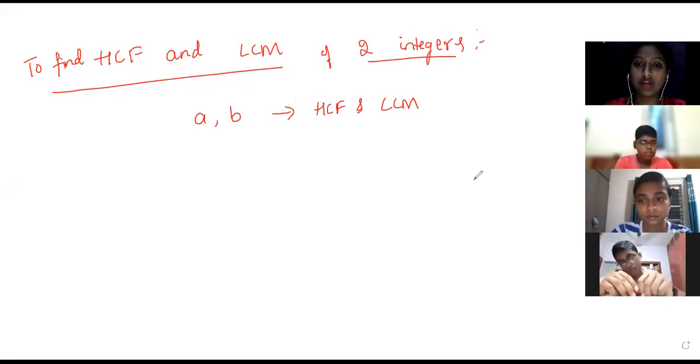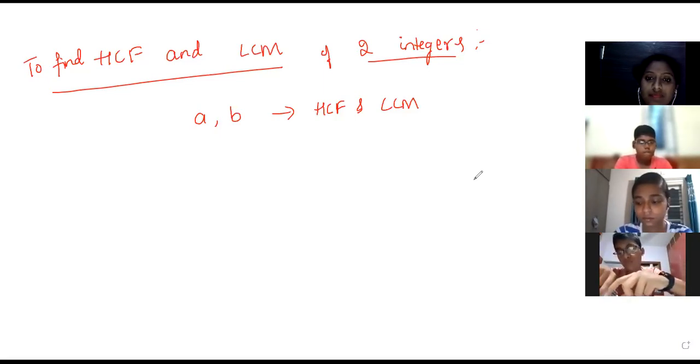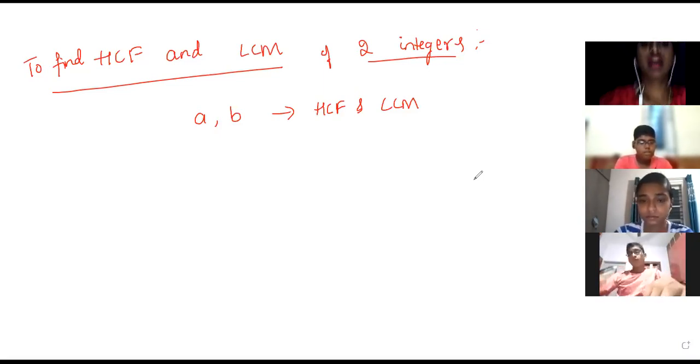But here, what we are doing is, we just learned the fundamental theorem of arithmetic, correct? That is nothing but prime factorization. Any integer can be expressed as a product of prime numbers. That is the fundamental theorem of arithmetic, is it not? We are using that method to find the HCF and LCM. Understood? Okay, ma'am.